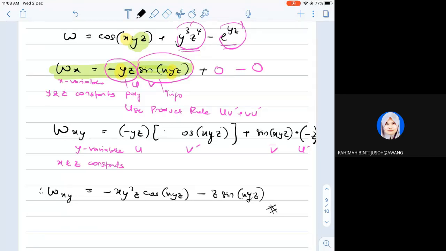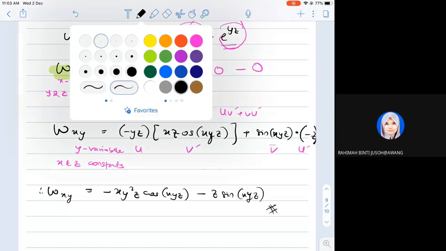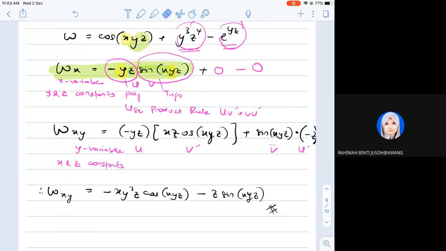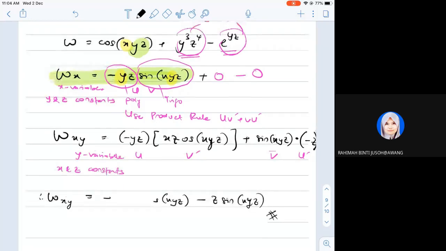Which one? This XY. I thought XZ. Yes, XZ. Sorry, it's not like this. Because X and Z are the constants, right? Okay, thank you so much.